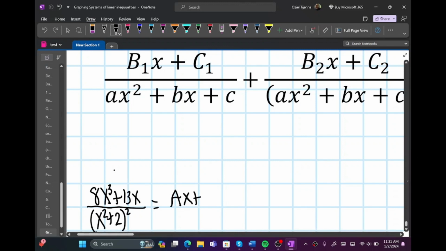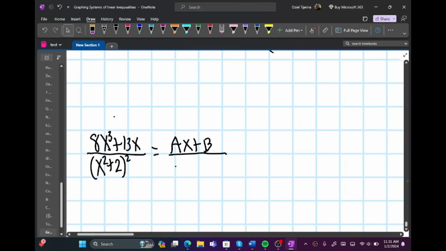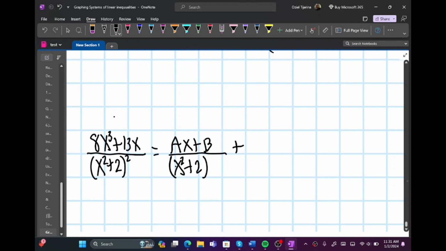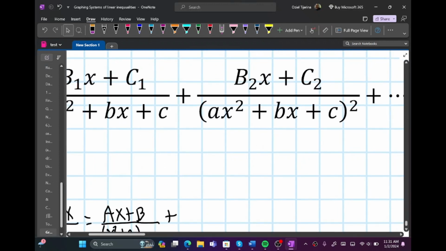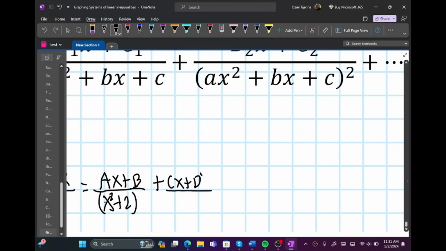Ax plus b over x squared plus 2, plus cx plus d, I'm sorry guys, over x squared plus 2 quantity squared.